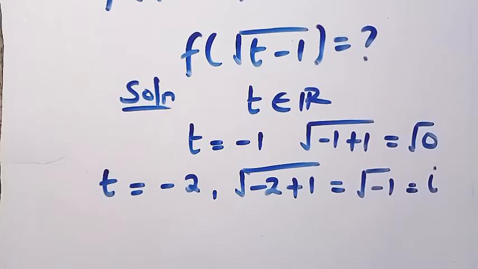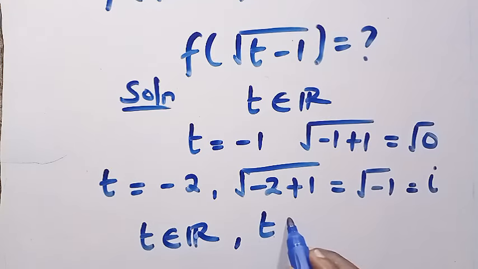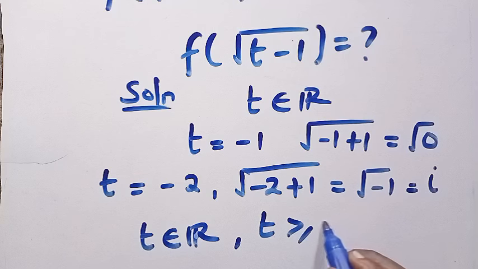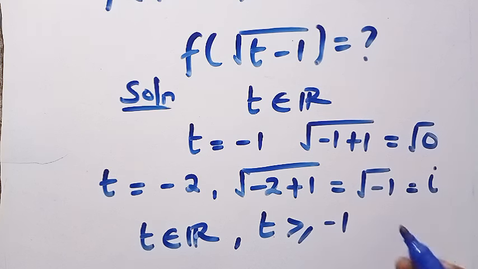So to cut the story short, the t here is a member of the real numbers, and the values of it are t greater than or equal to minus 1. So t can be equal to minus 1, and it can also be any number greater than minus 1, like 0, 1, and all the positive numbers above.